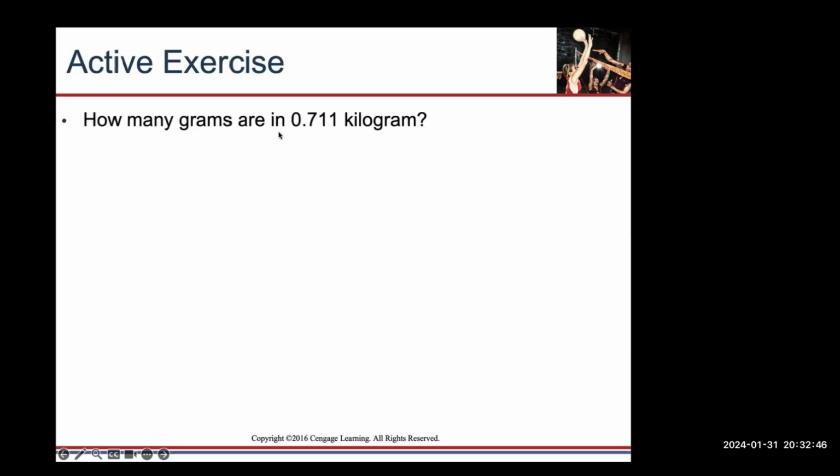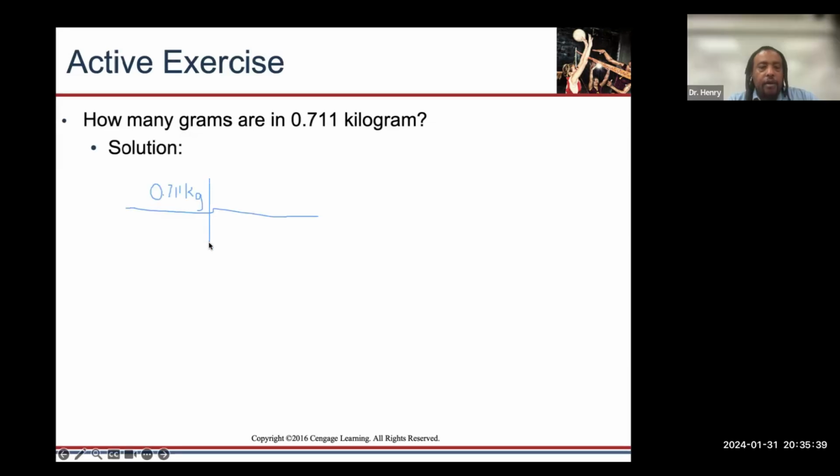So how many grams are in 0.711 kilograms? I'm going to give you guys a minute to work that out. And so we want to get to grams, so we want to use that relationship between grams and kilograms. From what we just saw, our base unit is grams, and kilo is 1,000 times greater than our base unit.